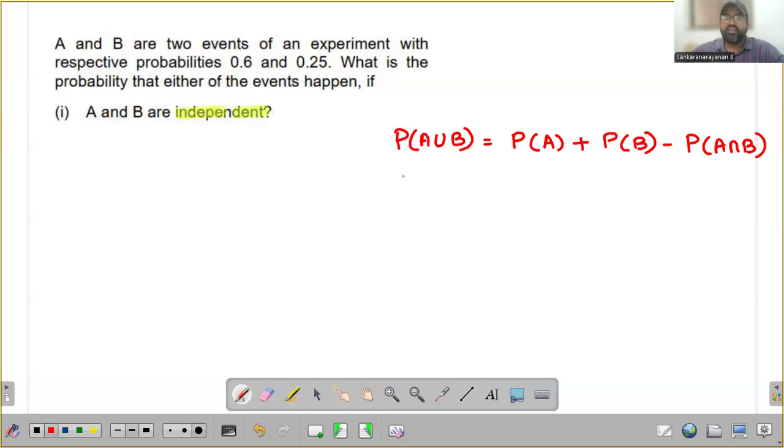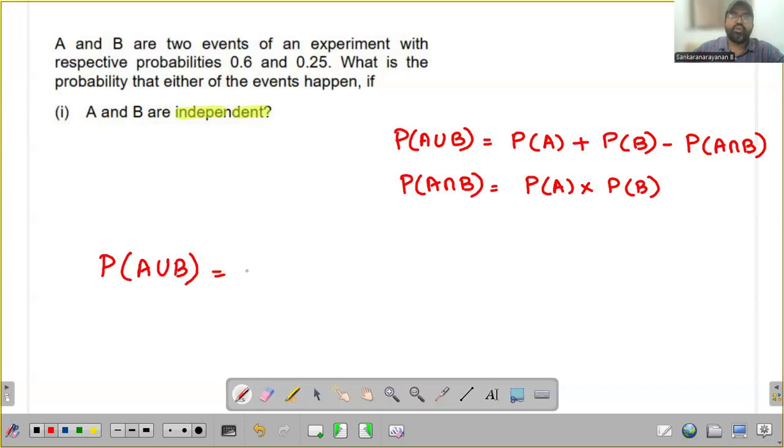In that case, P of A intersection B will be equal to P of A into P of B. So with these inputs, let us now consider the probability that either of the events happen, that is P of A or B. That will be equal to P of A, given as 0.6, plus P of B, given as 0.25, minus P of A intersection B, that is P of A into P of B.